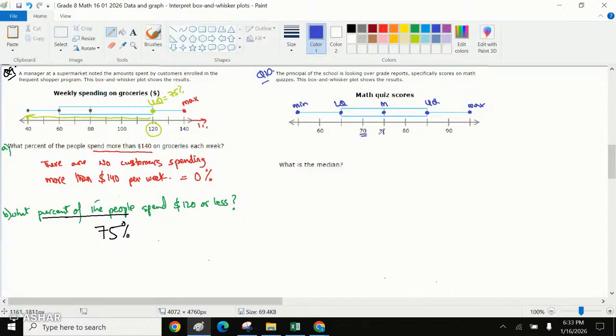So since this was 70 and this was 80, then this should be 75. 75 points, right? I would say the score is in points. So 50% of the students scored 75 points. Okay, that is the median score.